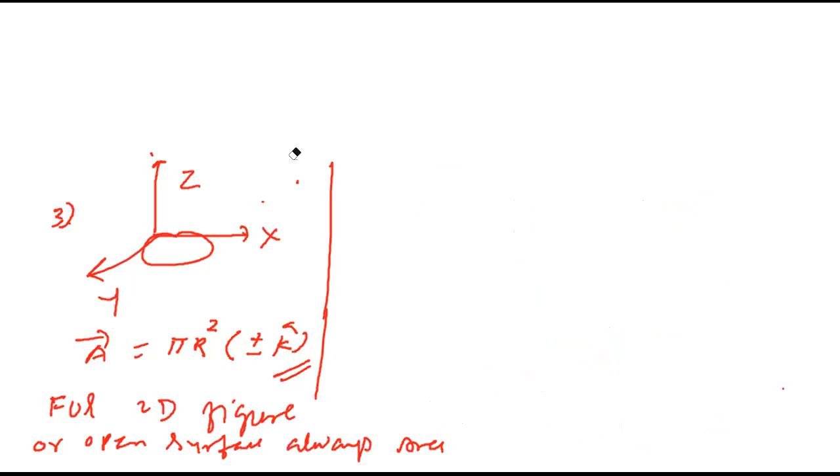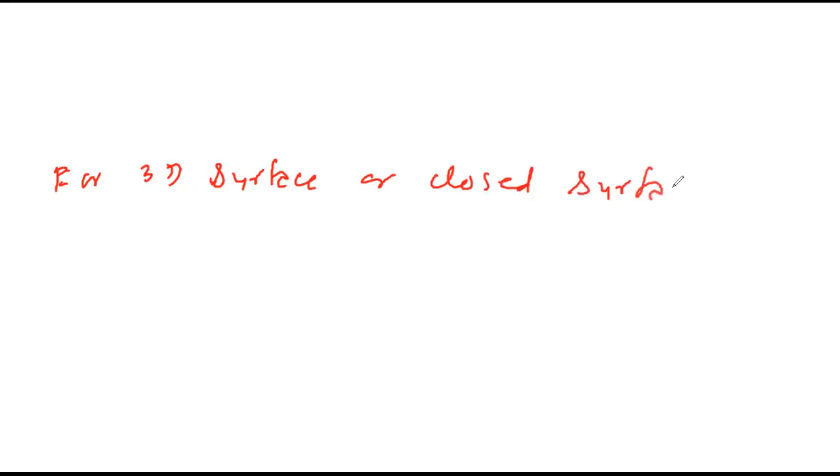Now we'll see the 3D figure. For a 3D or closed surface, the area vector is only outwards. Be careful.